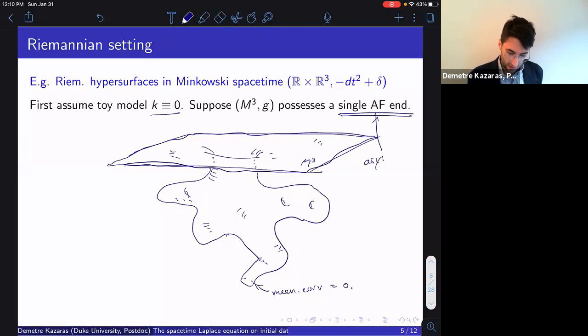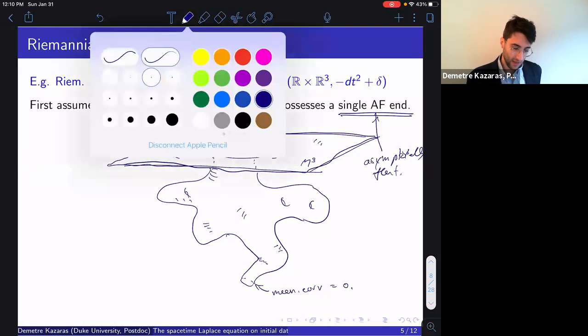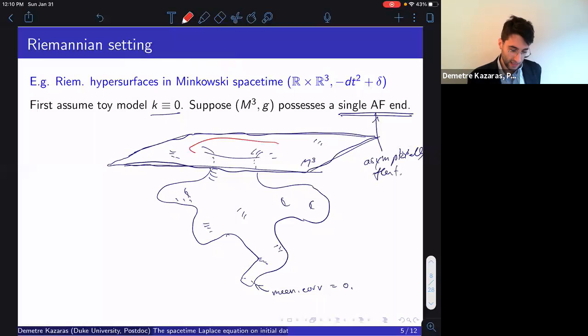Asymptotically flat is what AF stands for. Now, what does that mean? Let me tell you. Well, that means there is a compact set, K, where all of the more interesting topology and geometry of M is concentrated.